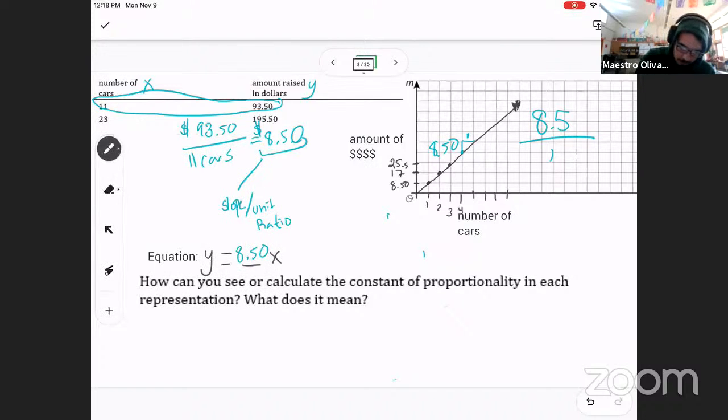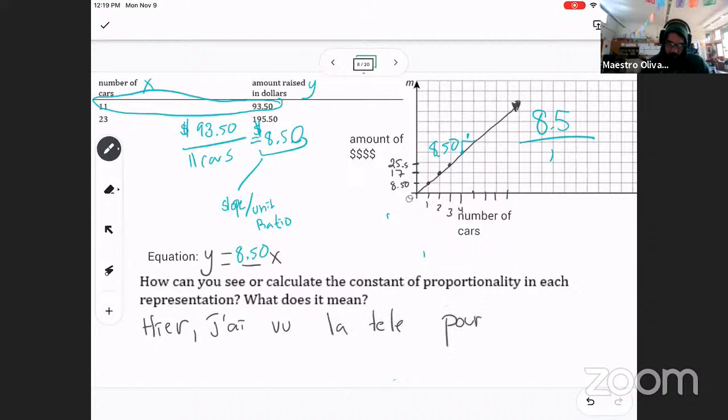What about this sentence? Wait, I'm trying to think of words that are similar to Spanish so that you know what the meaning is. Hier, j'ai vu la télé pour 5 heures.